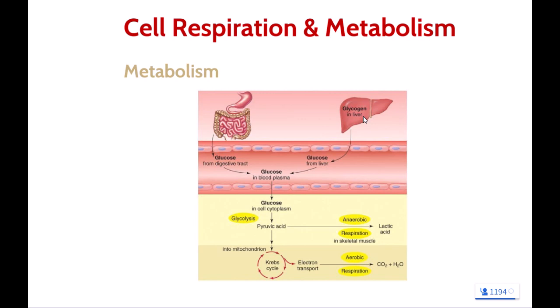And then usually like 11:30 a.m. or 12 noon, right before you eat lunch, when it's been a while since you've eaten a meal, your liver is now taking that glycogen, chopping it up, turning it back into glucose, and putting the glucose back into your bloodstream to maintain homeostasis. And then we can take that glucose, put it into the cells, and have ATP generated.